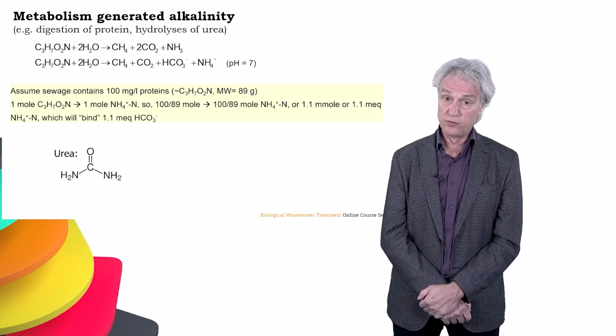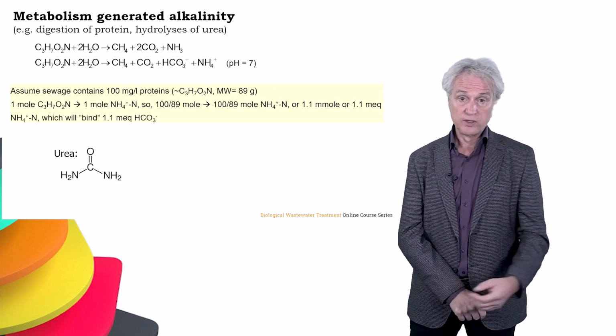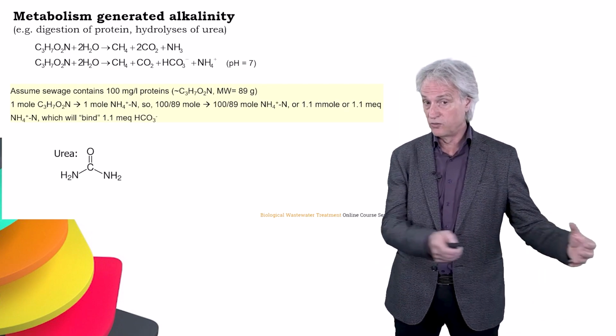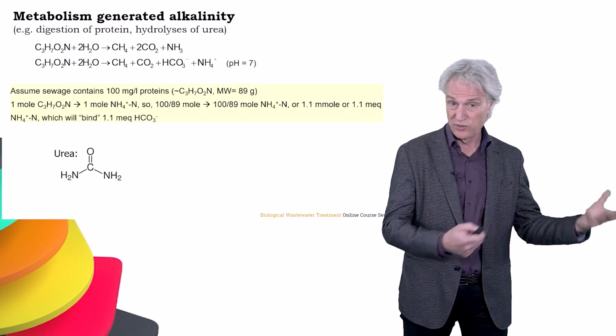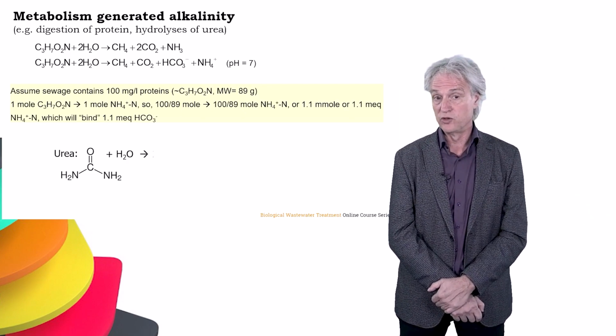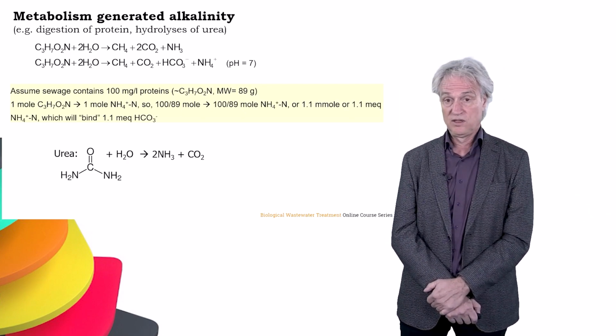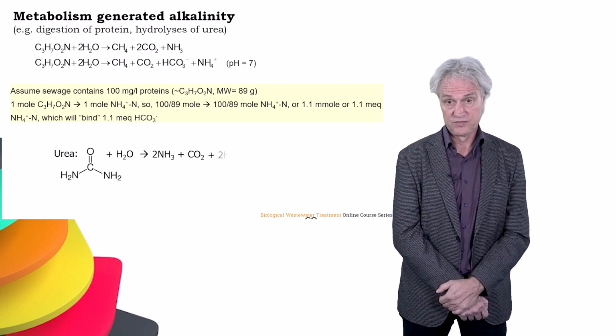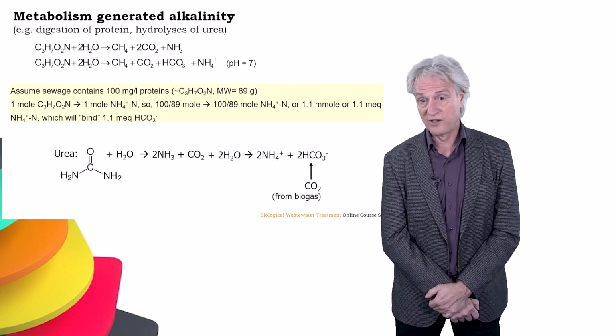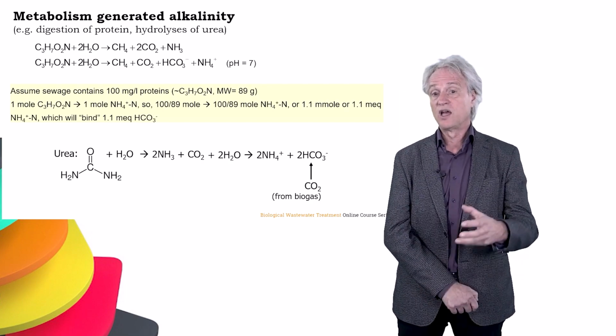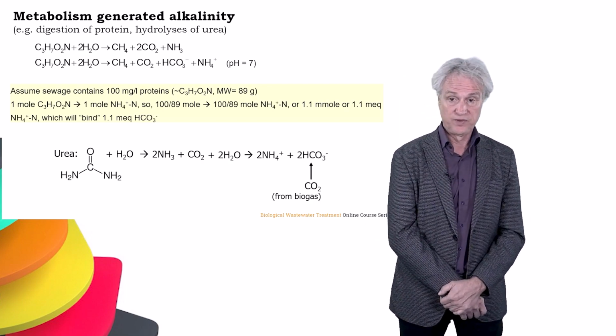And the other one was urea. Also in non-sewage sanitation you will find urea to be converted, but urea under the presence of urease is split into ammonium and CO2. Again, solubilized in water, this gives us ammonium bicarbonate.